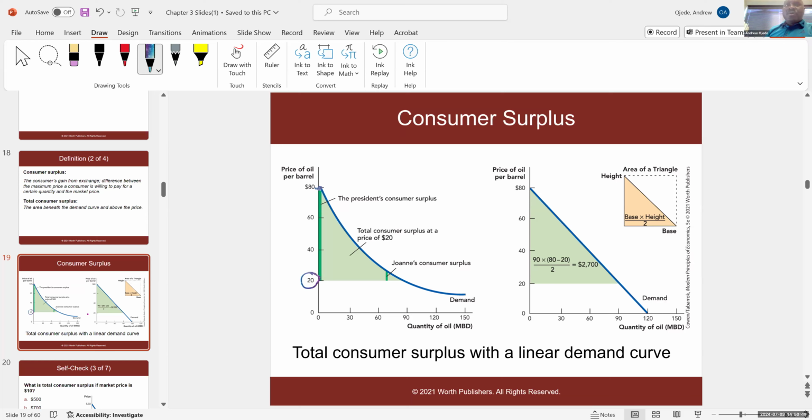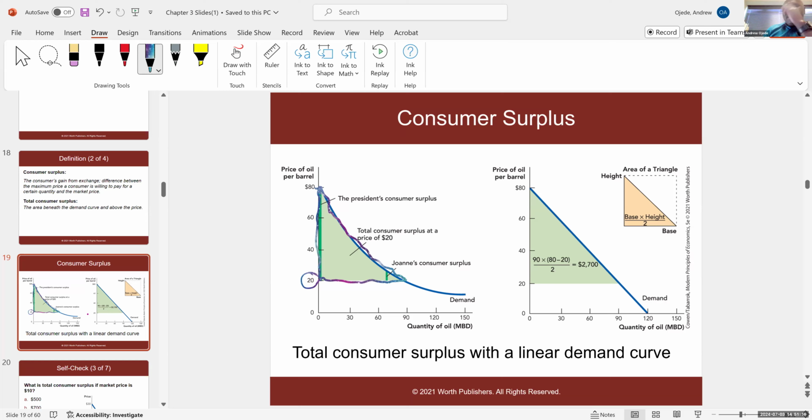So what is consumer surplus again? It is the maximum amount that somebody was willing to pay for a good minus the price that they actually pay. And when we sum across all consumers in the marketplace, because this is a market demand curve, we're looking at the area of this green triangle here.